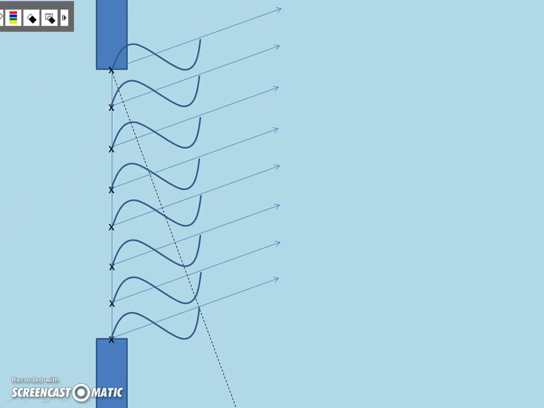If there's a path difference of half a wavelength, we know there must be destructive interference. If we take another pair that is separated by half the slit width, those will undergo destructive interference too.